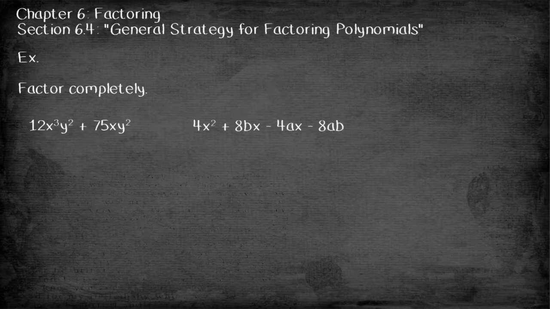Next up, I don't have any factors that are common among all of the terms. And this has more than 3 terms in it, so we can try to factor this by grouping. If we put these two together, and these two, what do I get? Well, in that first pair, everybody has a 4x in common, so it'll leave me with x plus 2b.